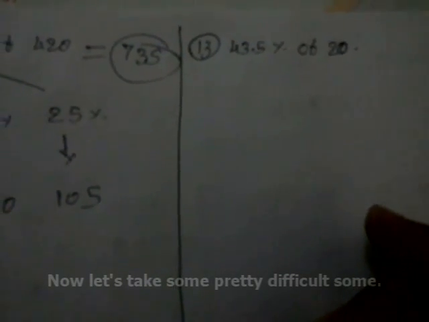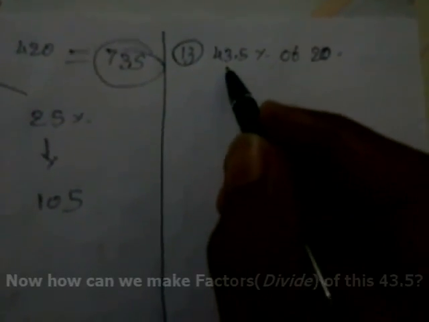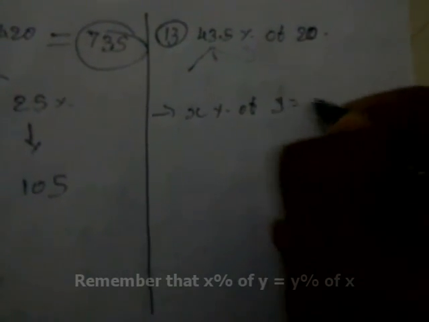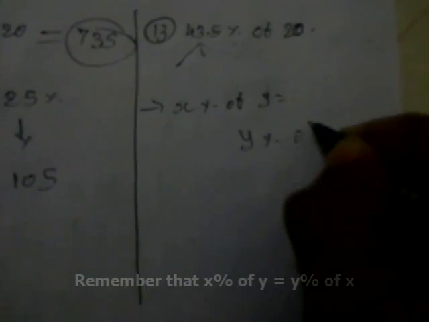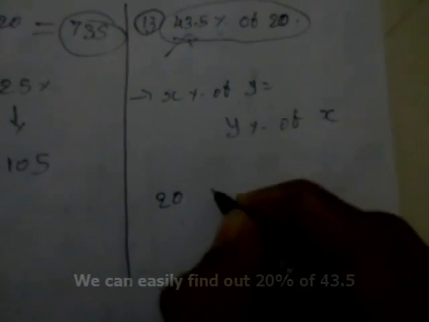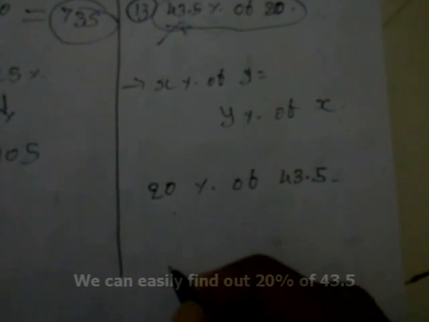Now let's take some pretty difficult sum. That is 43.5% of 20. Now here how can we divide this 43.5%? So here is the trick. Remember, x% of y is the same as y% of x. So instead of finding 43.5% of 20, we can easily find out 20% of 43.5.